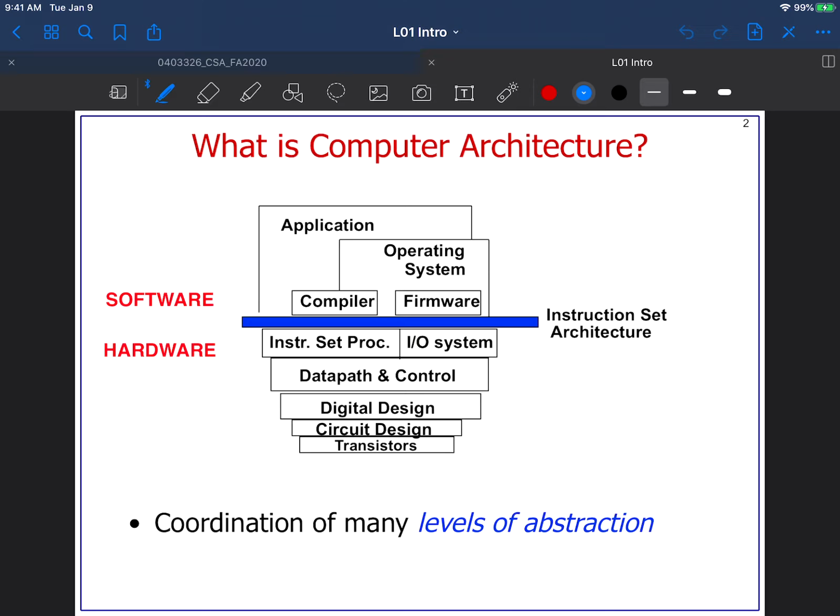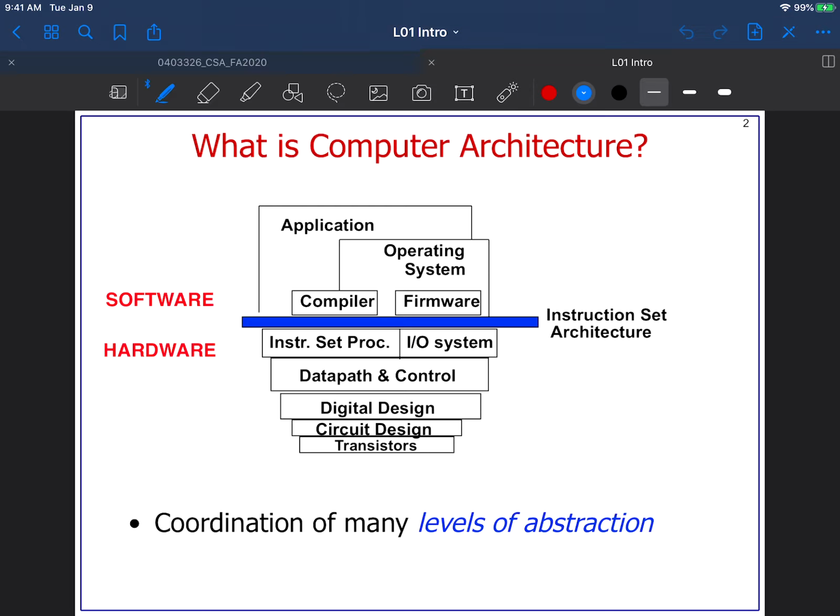Again, this picture is very informative, and it gives you the full view of your study as a computer engineer.